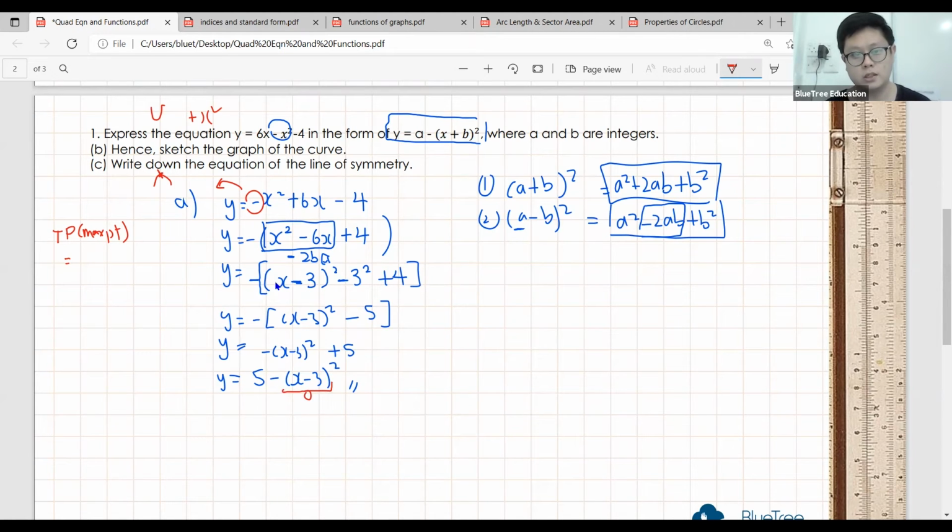Now, the reason why this is 0 is because, imagine that you throw in any number that is higher than 0, something like 2 minus 3. What I mean is, if you make this overall group, the whole bracket, become a number that's more than 0, you will have something like 1 square or 2 square or 3 square. And you will find that the 5 has to subtract a number that's getting bigger and bigger, right?